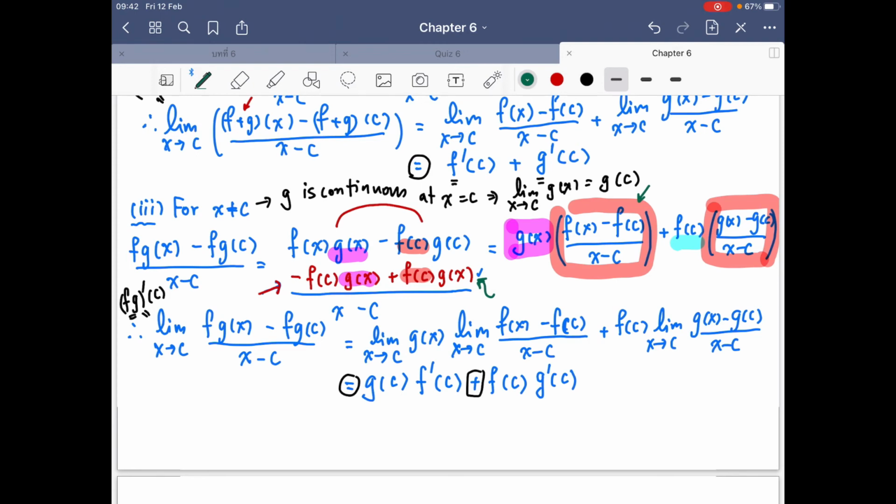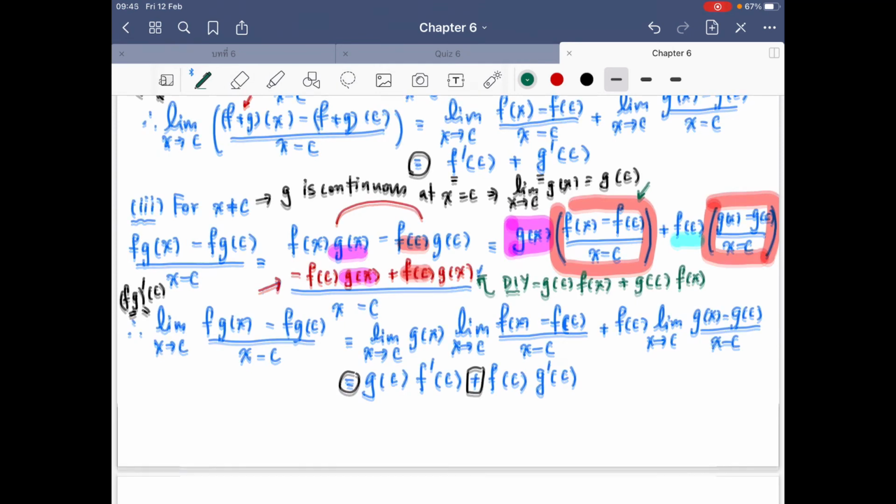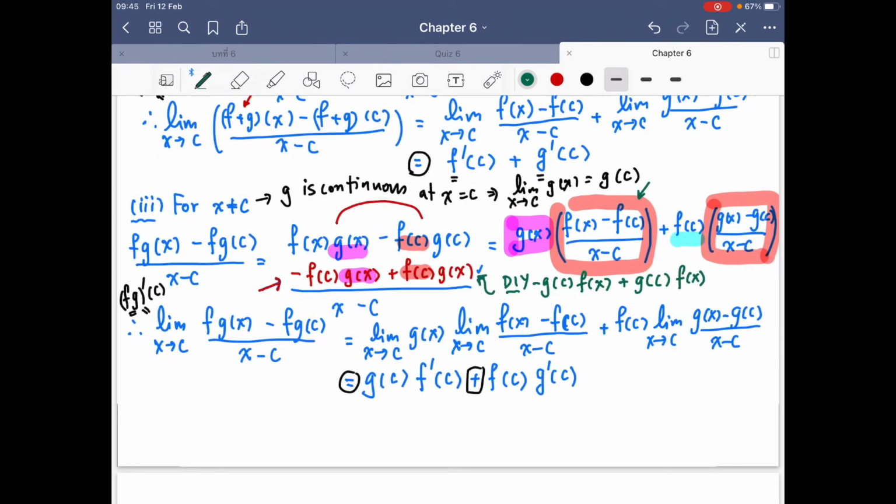And you may say, can we try g(c)f(x), where one of them is minus and one of them is plus instead? Can we try it like that? We'll let you try this kind of addition and subtraction by yourself as well.